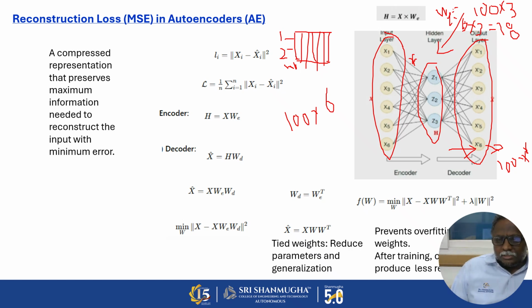But when we reconstruct, we lose some information. That can be represented in this way. This is the loss per sample: the squared difference between the input and the reconstructed one. This is the reconstructed one, and this is for a single data point.